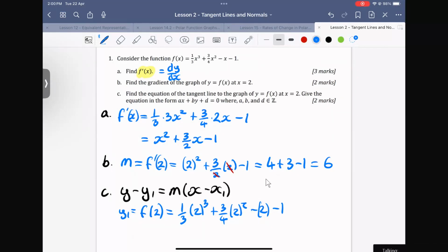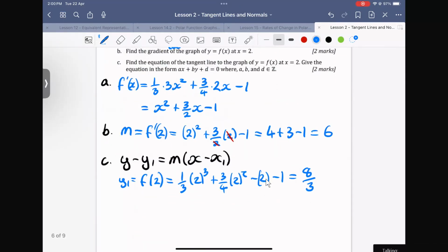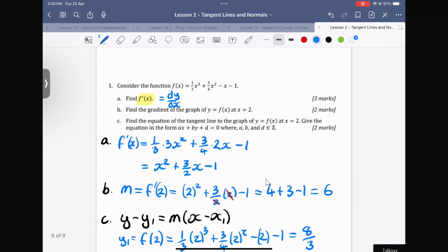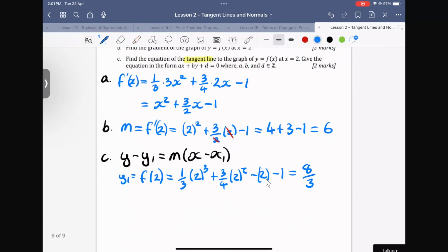I'm just double checking and verifying my positive and negative signs, making sure I'm not messing up, and I get 8/3. So we have our m, and we're fine. On these types of questions, just double check: are we after the tangent line or the normal line? You'll find the questions will flip backwards and forwards between them, so make sure you're getting the right one.